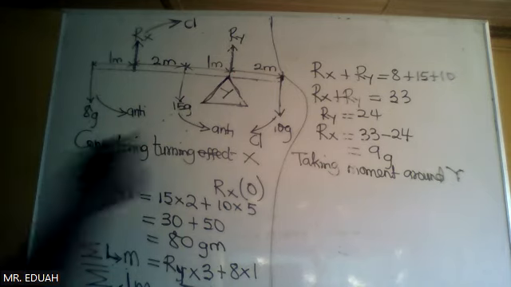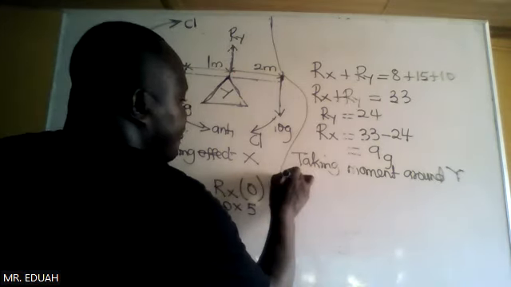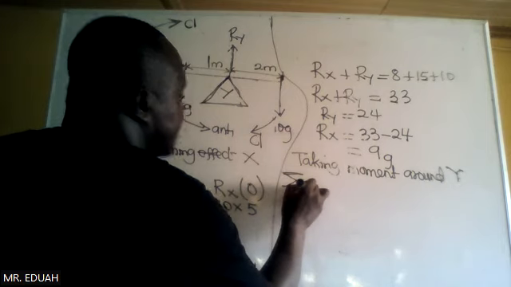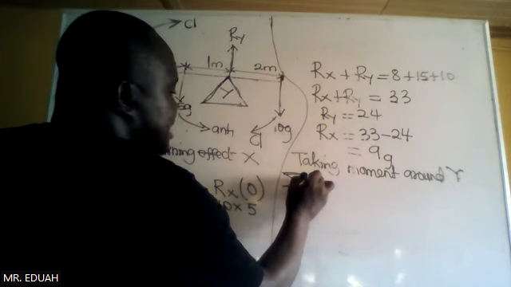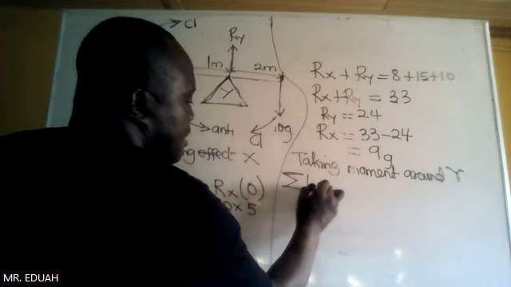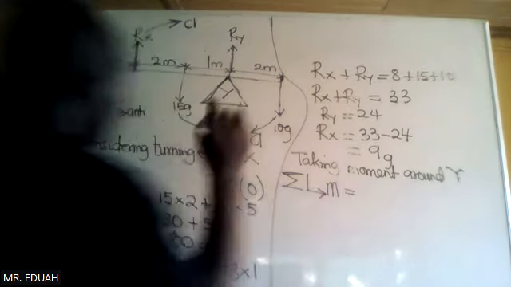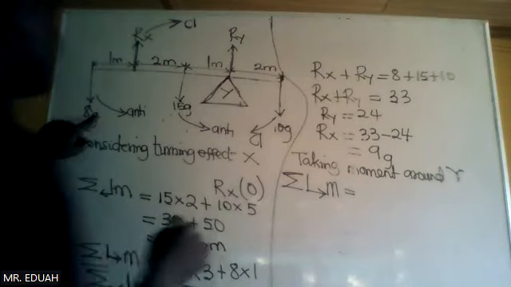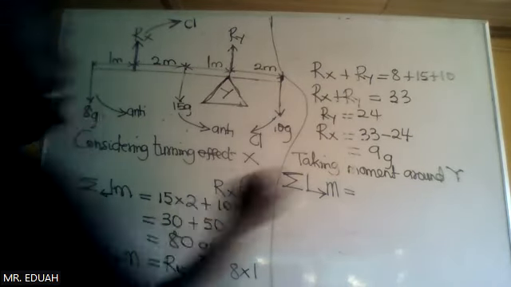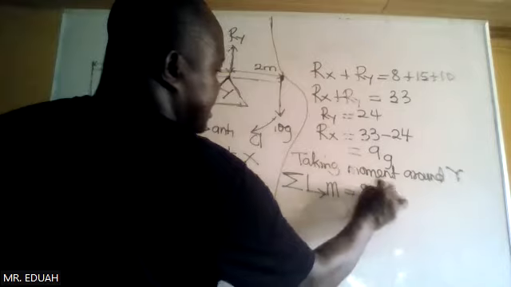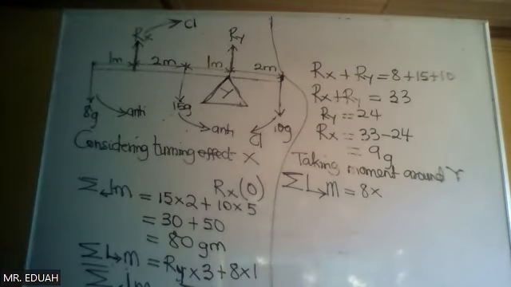So let's look for the sum of anti-clockwise moments. Here we have 8 gram times what?